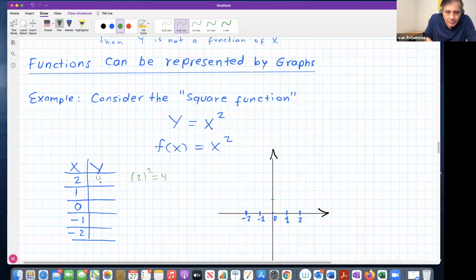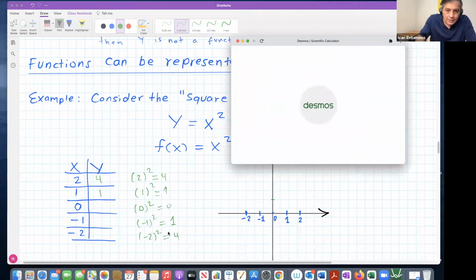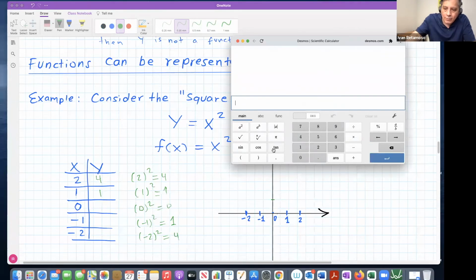So 4 is the output value for input value 2. 1 squared is 1 times 1, 1. 0 squared is 0. -1 squared is -1 times -1, which is 1, right? And we talk about this in case you have doubts. Use your scientific calculator or our Desmos scientific calculator, and you should be fine. -2 squared equals 4.